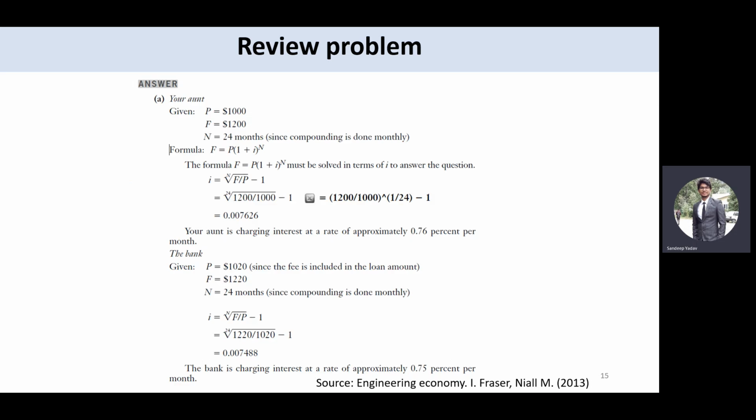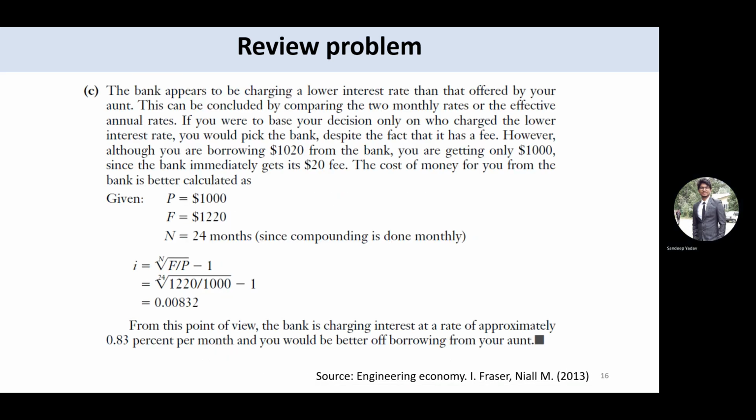Now let's see what we have to choose. Now the bank appears to be charging a lower interest rate than that offered by your aunt, which can be concluded by comparing the two monthly rates or effective annual rates.